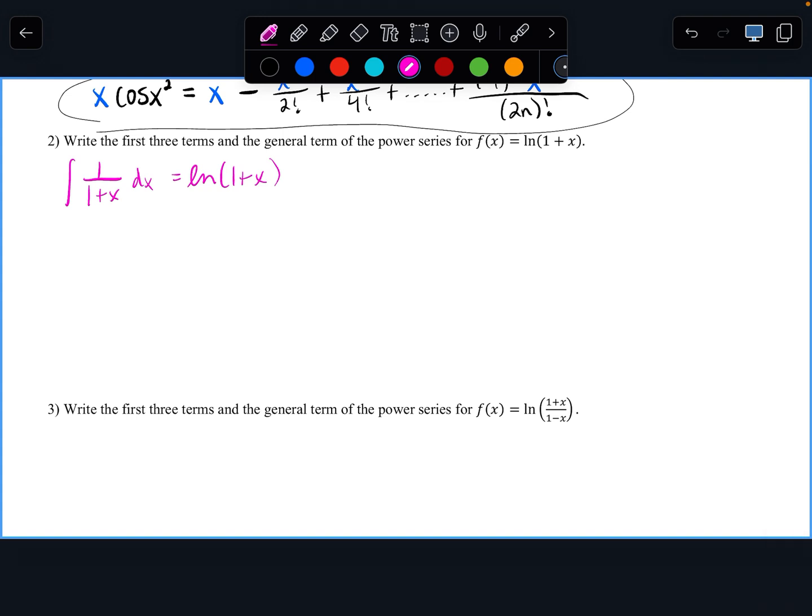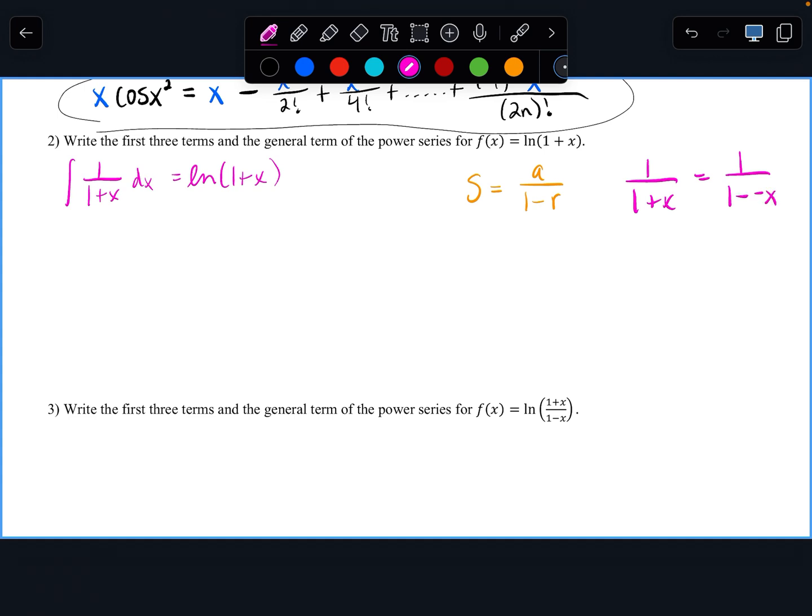Otherwise, back to this one, here, maybe I'll do it over here, I'll put it in a different color. The sum for geometric would be like a over 1 minus r, right? What you can do is mess around with that 1 over 1 plus x and write it as 1 over 1 minus negative x, right?